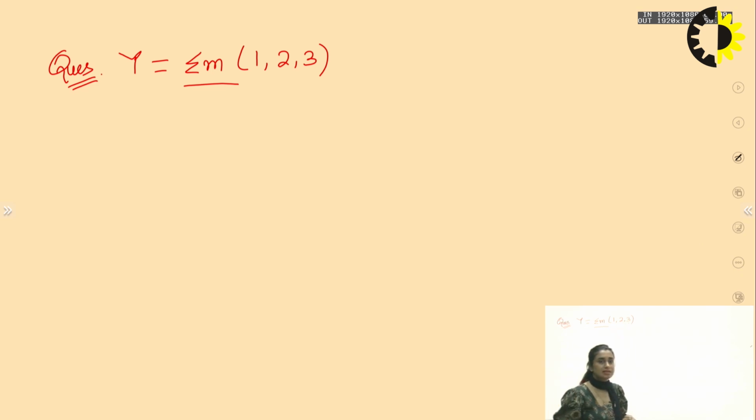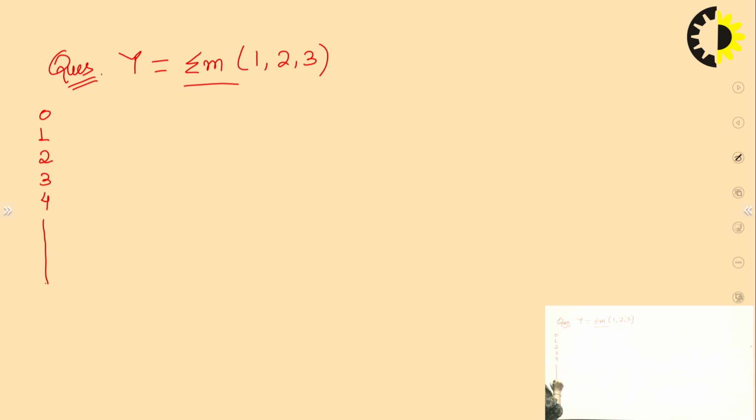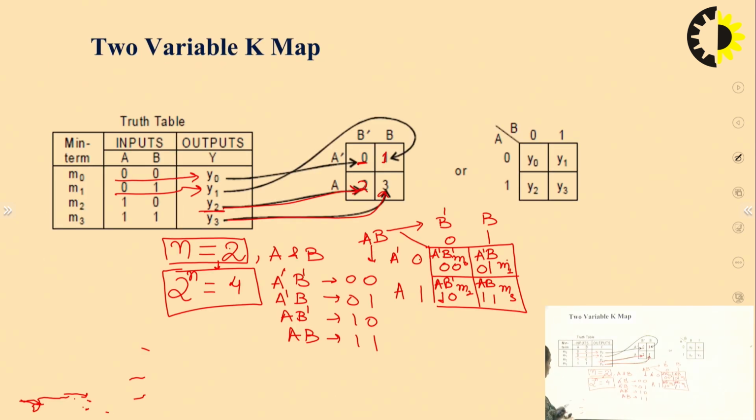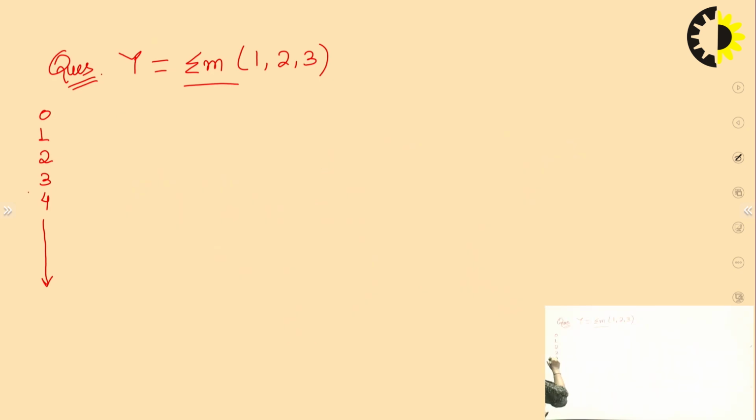Here the highest representation is 3. If the highest representation is 3, we know the representations are like 0, 1, 2, 3, 4, and so on. So to obtain a representation up to level 3, I should have 4 levels represented, right?